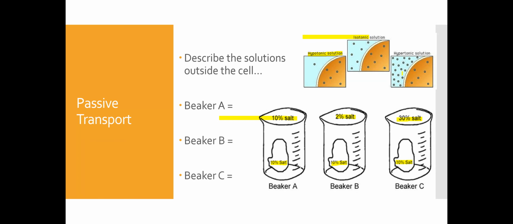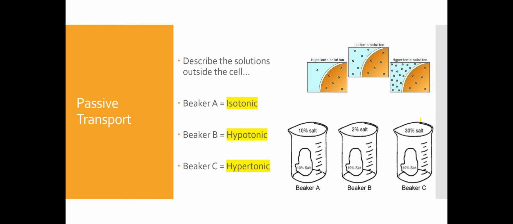So this beaker would have a hypertonic description because it has higher solute. So just a little practice there. You have to understand, once again, that there's always two solutions. So if the beaker is hypotonic, then the cell would be hyper. These two words always go together. You can't have one without the other, okay?